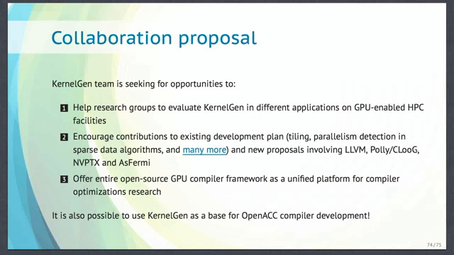And even if you have a different view of GPU compiler perspective, but KernelGen can be reused for you as a framework, as a tool, we are also ready to help and address your needs. By the way, it might be possible to make yet another OpenACC compiler based on KernelGen technologies, because we have most of them underneath.